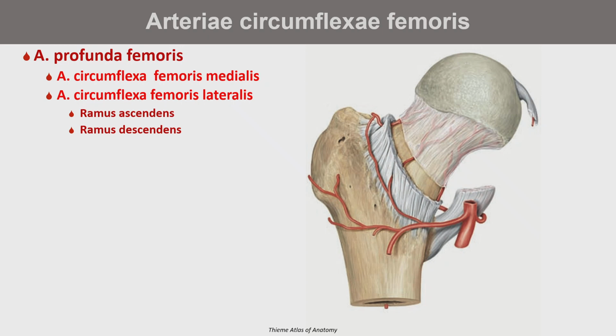Those structures of the femoral neck are supplied by two arteries, the circumflex arteries, medial and lateral. The medial is going medially, but then you can see here is the insertion. What is this insertion? What muscle? Who knows it?